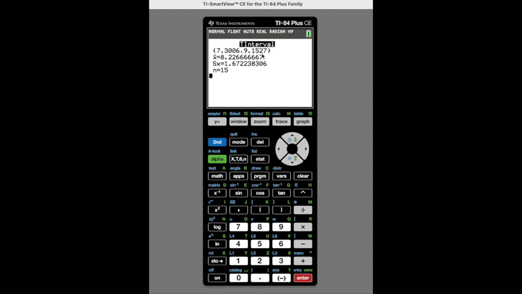Now, if all you had was the t-interval and you don't know what the error is, then remember, you can figure out what your mean is by finding the midpoint of your high and your low value. And then you can figure out the difference between your mean and either the high end or the low end of your interval.